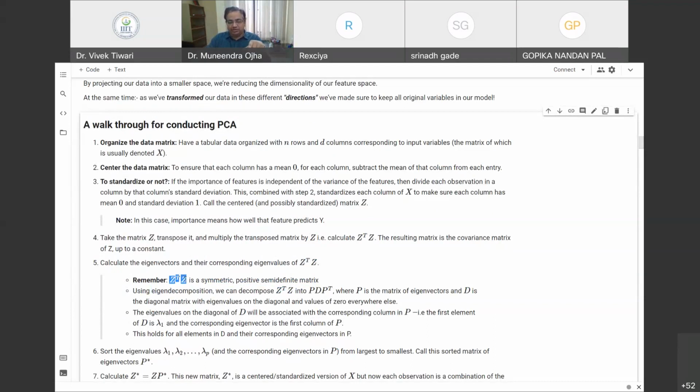Here I am talking about a square matrix, and by its property, ZTZ becomes a square matrix. So we are able to perform the eigen decomposition of this matrix. We can decompose this matrix into three components, P, D, and P transpose, where P is the matrix of eigenvectors and D is a diagonal matrix with eigenvalues on the diagonal and values of 0 everywhere else. So try to find out the similarity between the SVD algorithm and the PCA algorithm.